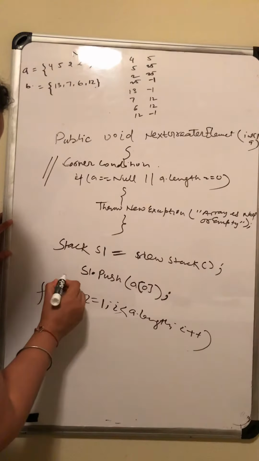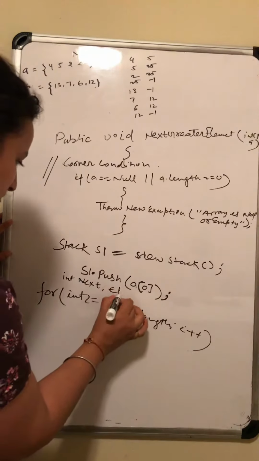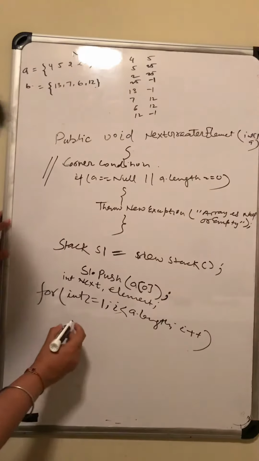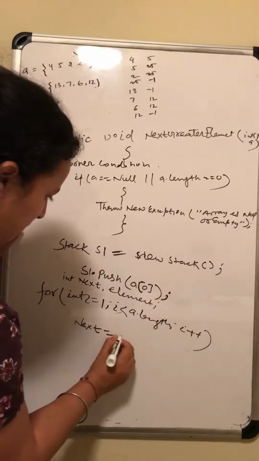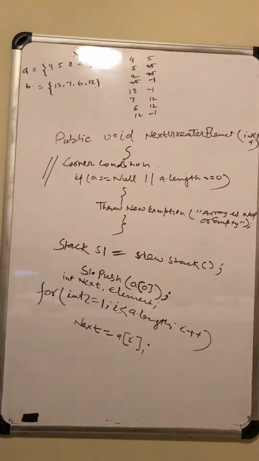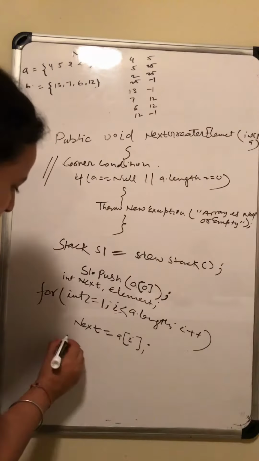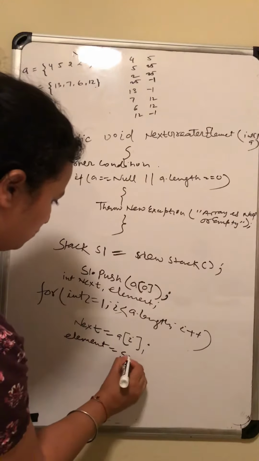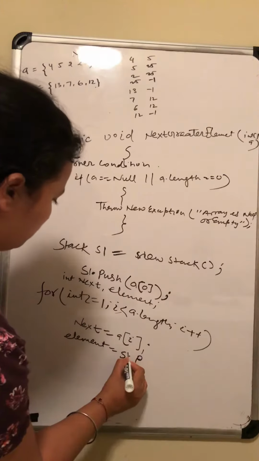Here I will use two variables, int next and element. Next will be the array of i, and the element will be s1.pop.